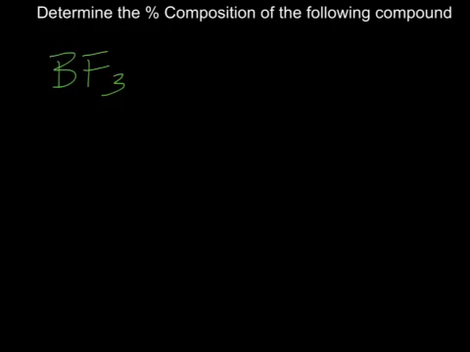All right, so first and foremost we have boron and fluorine. The mass of boron is 11, mass of fluorine is 19 grams. In this compound we only have 1 boron and we have 3 fluorines.